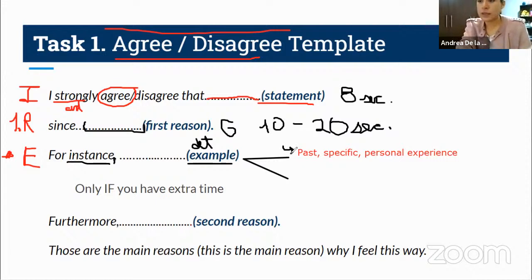For example, you could say, I strongly agree that online courses are more effective since students get to save time. For instance, during the COVID-19 pandemic, in my university, the students were forced to take online courses.